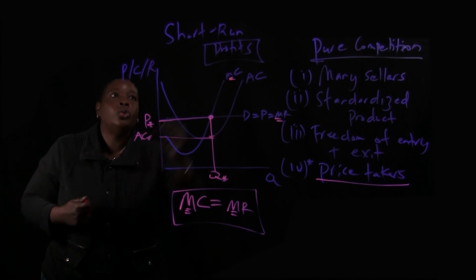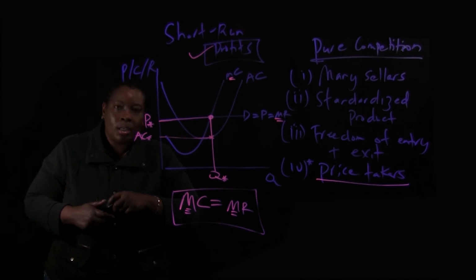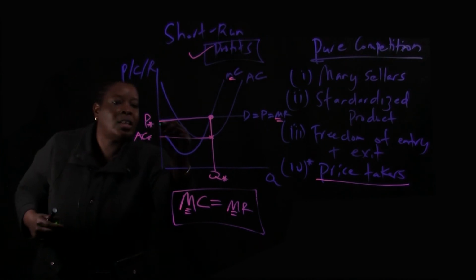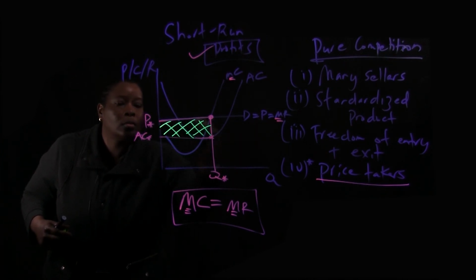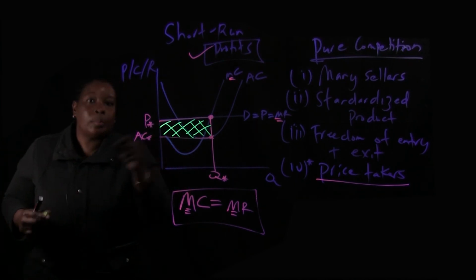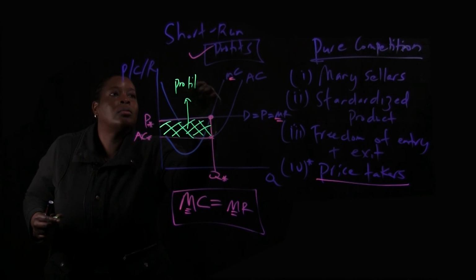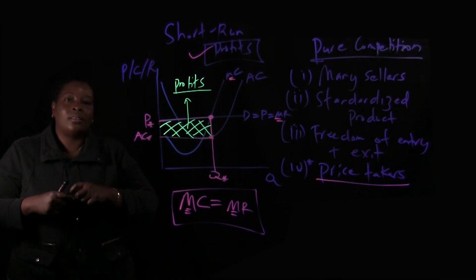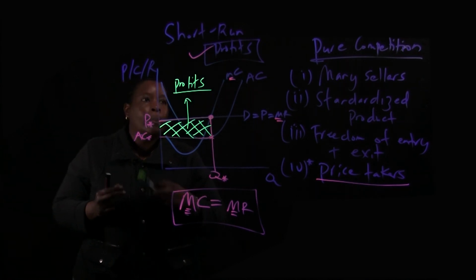Guess what? You are making profits. Your cost of production is below the price. In fact, if you want to measure how much profits you make, you see this gap that I'm shading? The gap between price and cost, these are your profits. That's the profit maximizing scenario in the short run for a purely competitive firm.